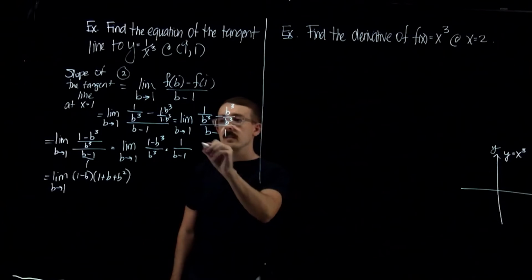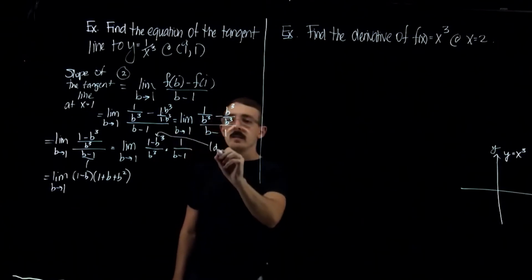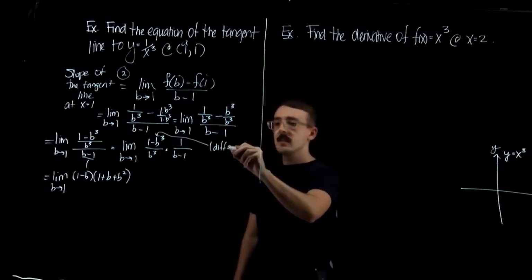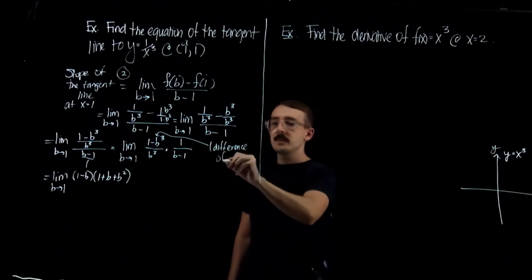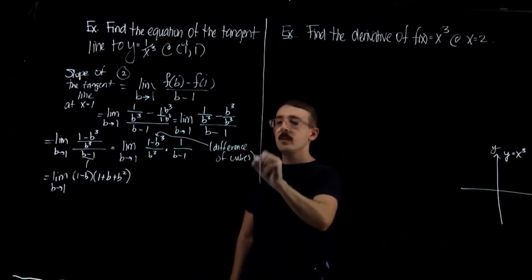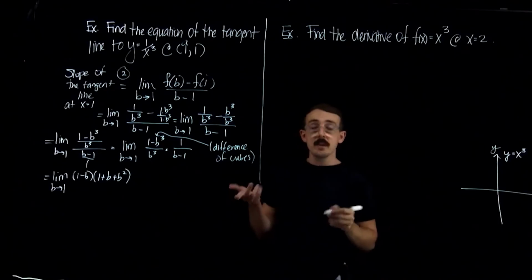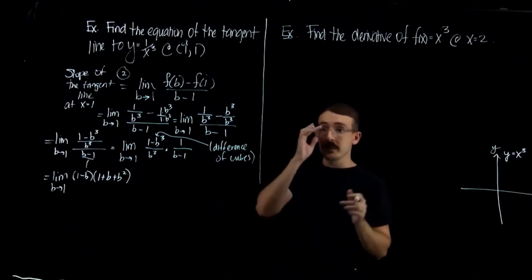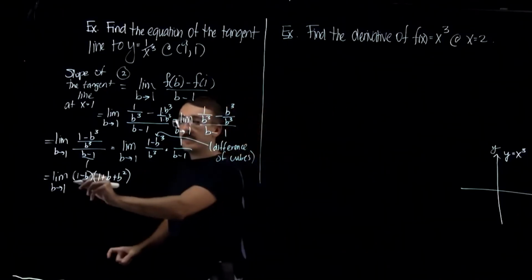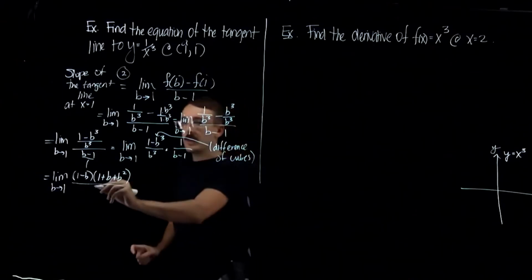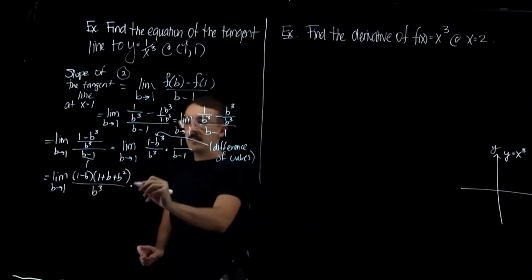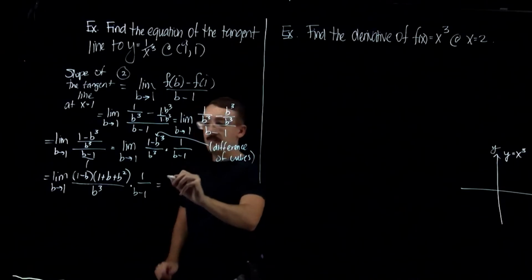So let me just write that down for you. This is the difference of cubes. Review the difference of cubes and the sum of two cubes factorings if you don't remember them. Then this is over b cubed times 1 over b minus 1.